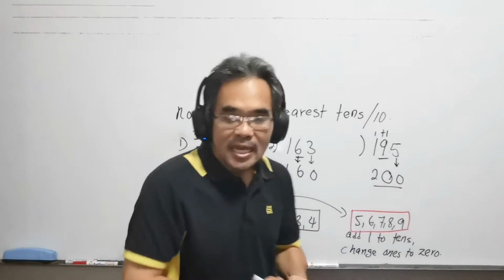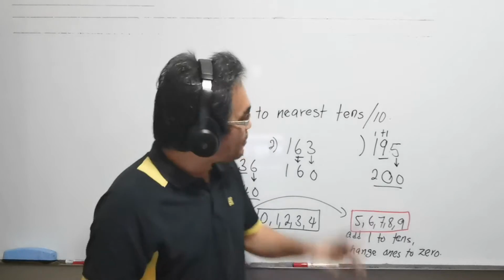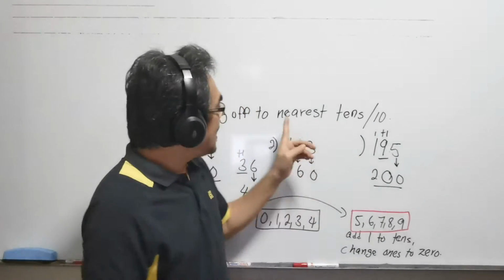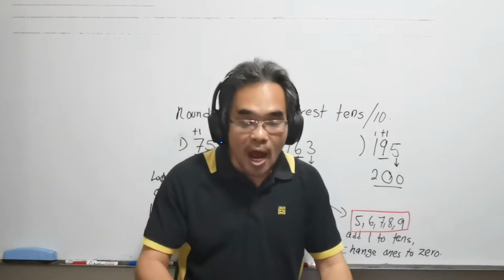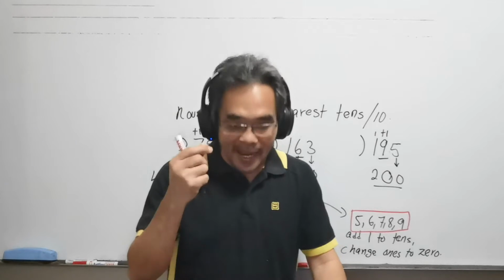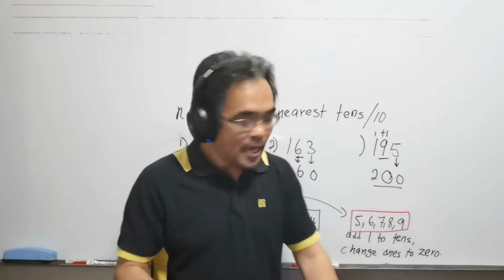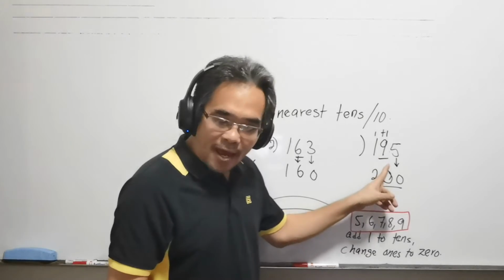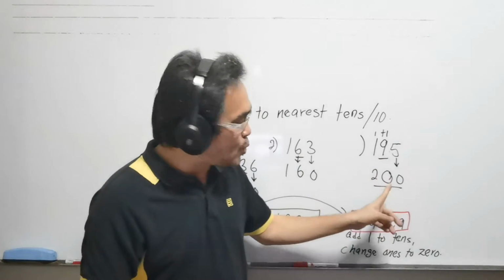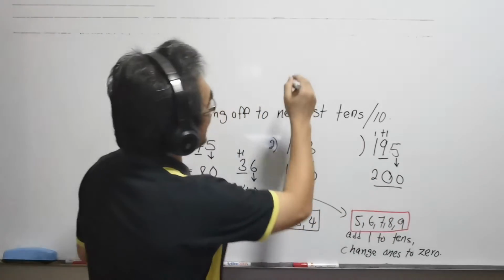If you round off, you have to understand what is nearest tens. If you count 10 by 10, 195 is nearer to 200 than 190.